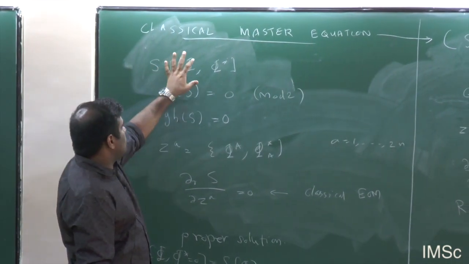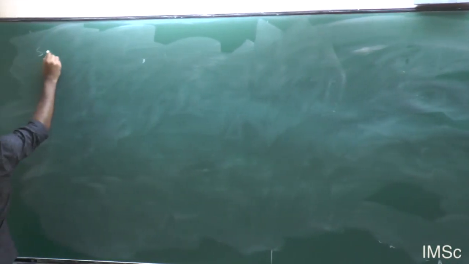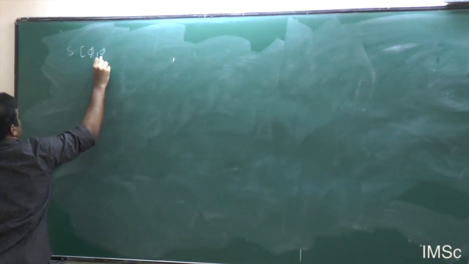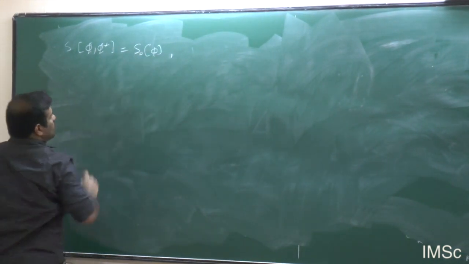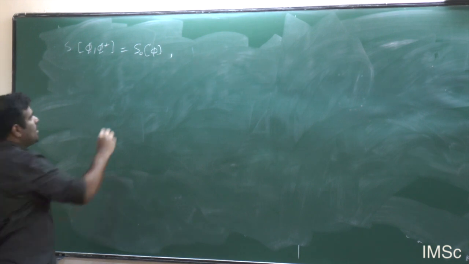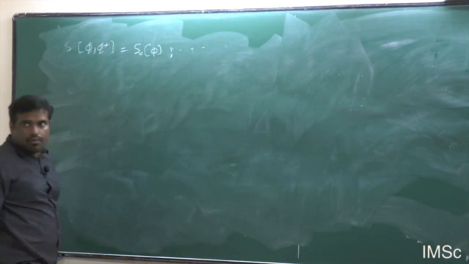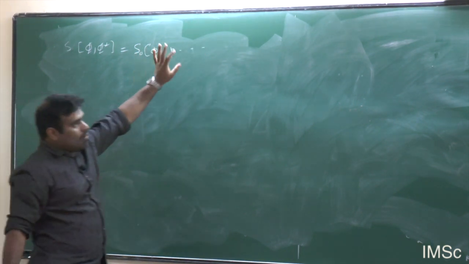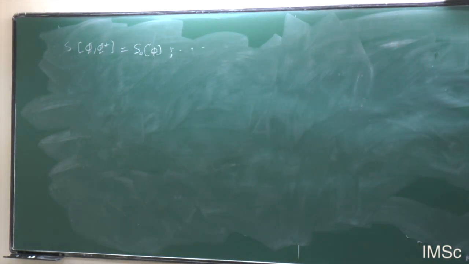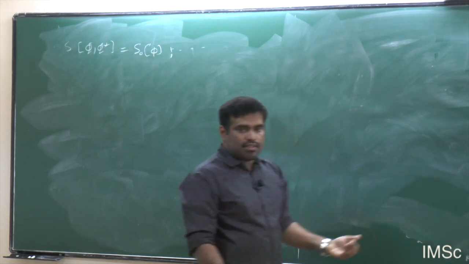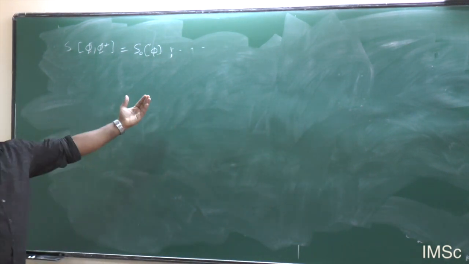So you start with S and then start expanding it. The expansion has the initial term as the classical action for the original classical theory, and then you have all the remaining terms. All the remaining terms will reproduce all the gauge structure functions. So you will start seeing gauge structure functions when you expand it.